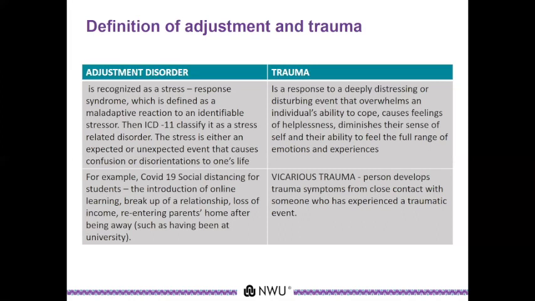Trauma is a response to a deeply distressing or disturbing event that overwhelms an individual's ability to cope, causes feelings of helplessness, and diminishes their sense of self and the ability to feel the full range of emotions and experience. We also have vicarious trauma, which means a person develops trauma symptoms from close contact with someone who has experienced a traumatic event.